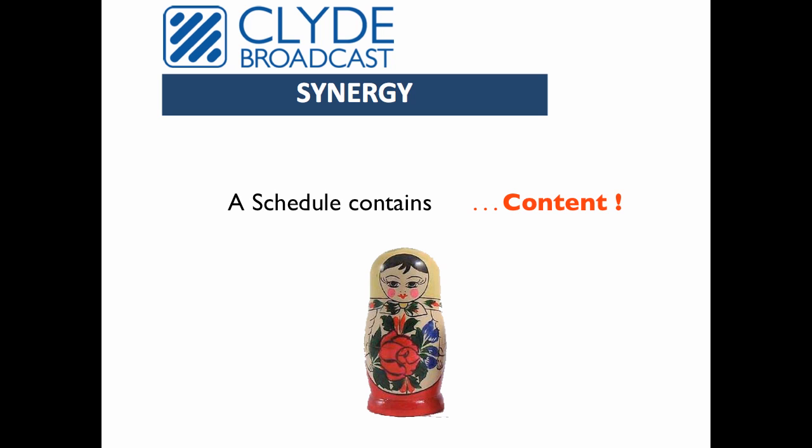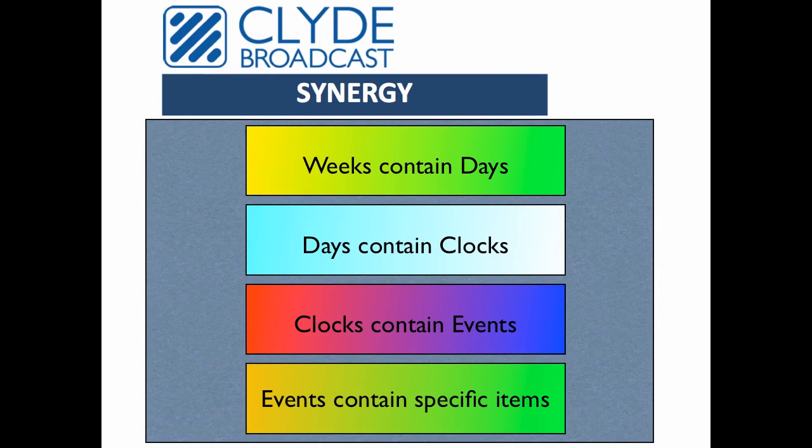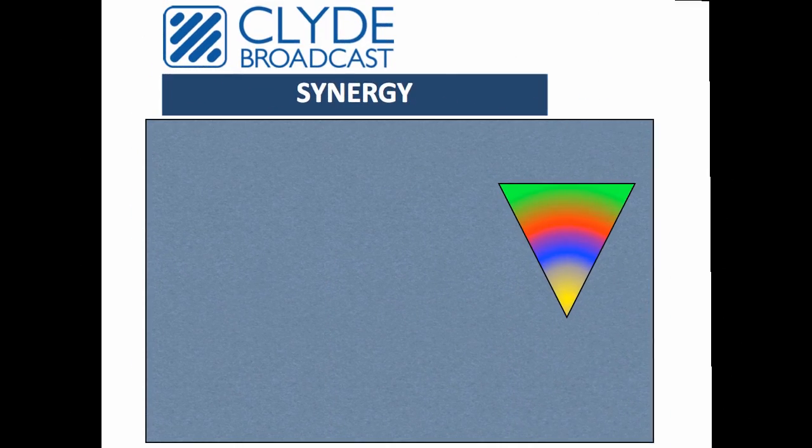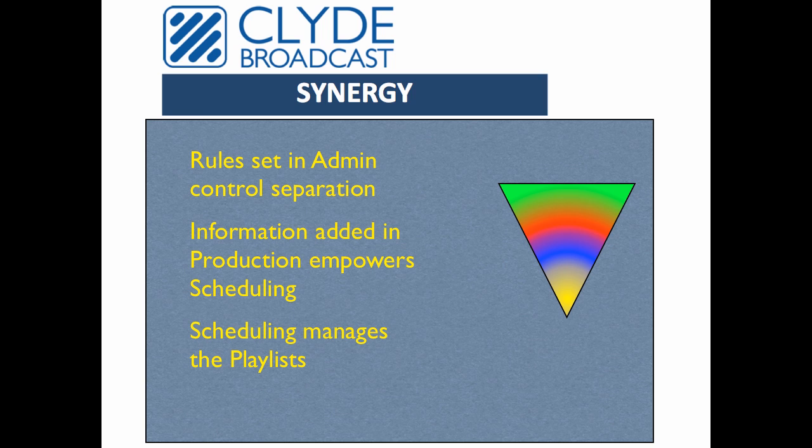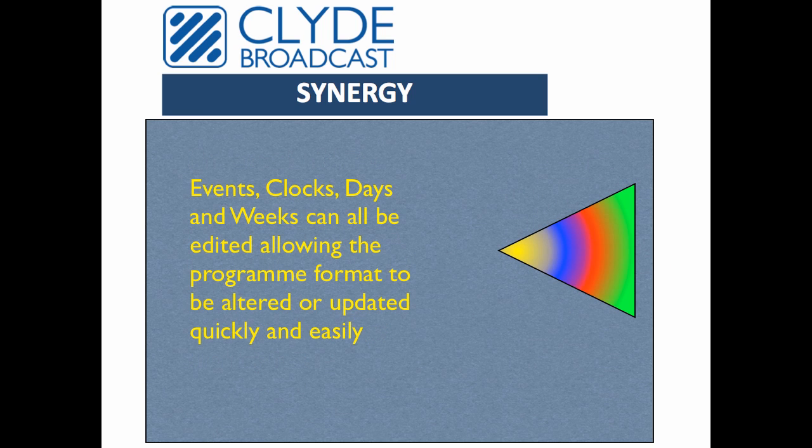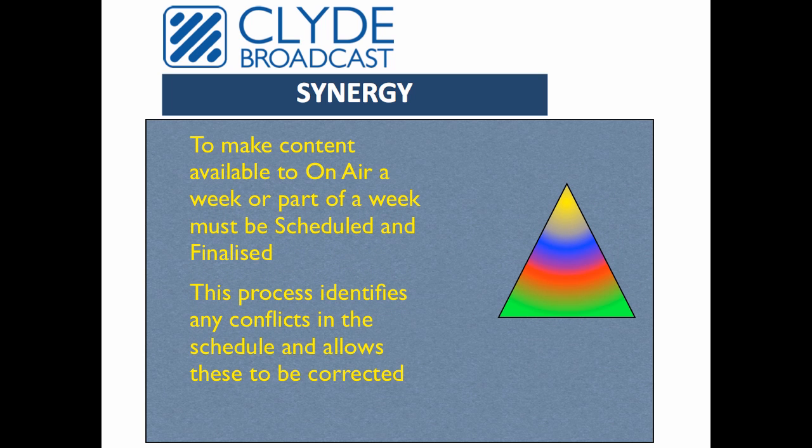As I said at the outset, the scheduler employs a hierarchical approach, and before we produce an actual program schedule, let's just review the principles. That leads us on to the multi-step process of populating and finalising a schedule.